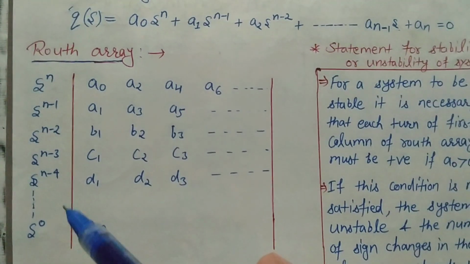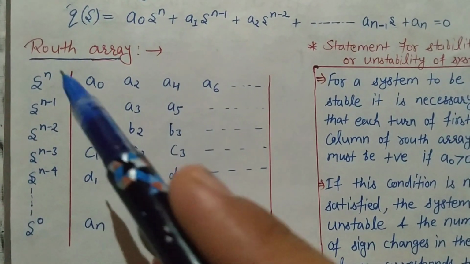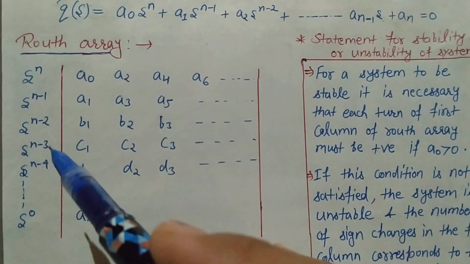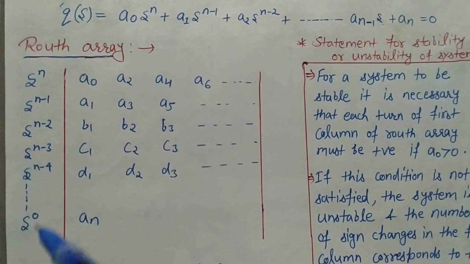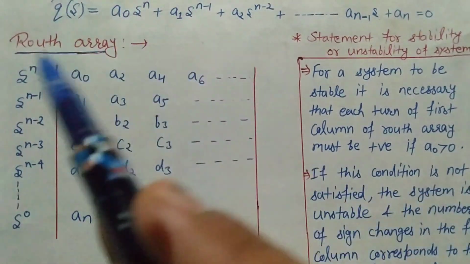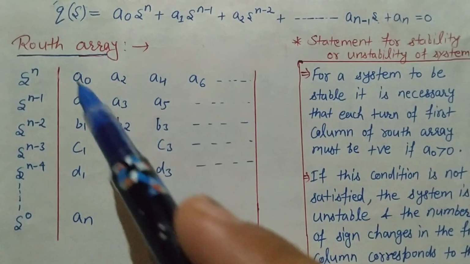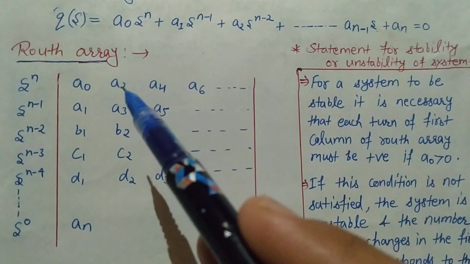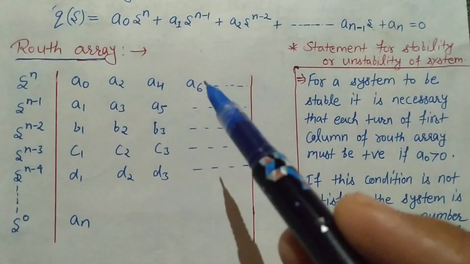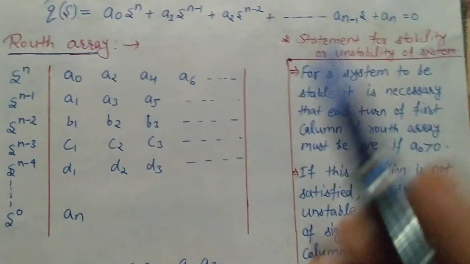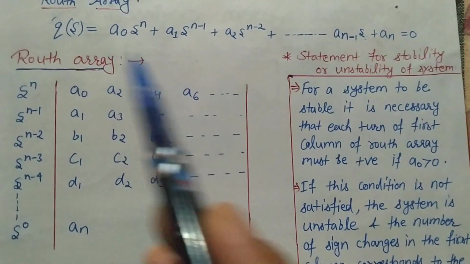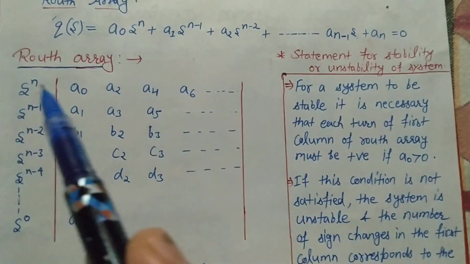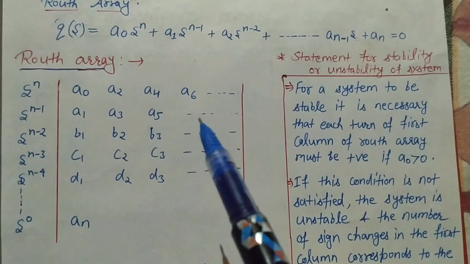Write the powers of s on the left hand side: s^n, s^(n-1), s^(n-2), s^(n-3), s^(n-4) and so on, down to s^0. Now write the coefficients a0, a1, a2, a3, a4, a5, a6, a7 and so on. So we wrote the coefficients of this equation in row 1 and row 2.